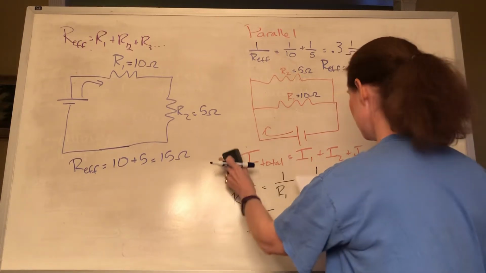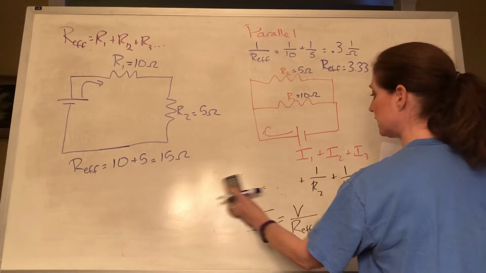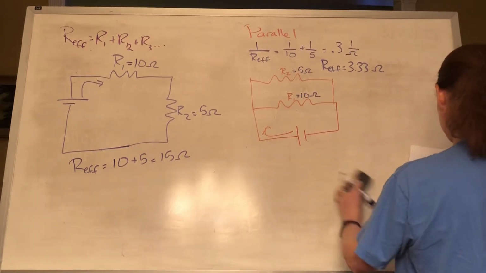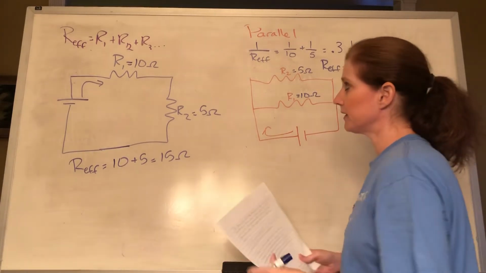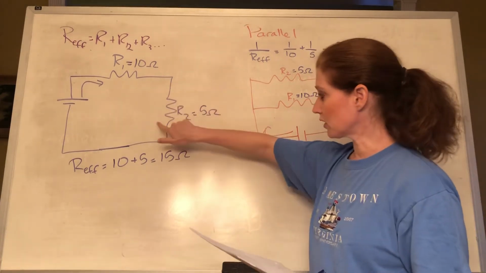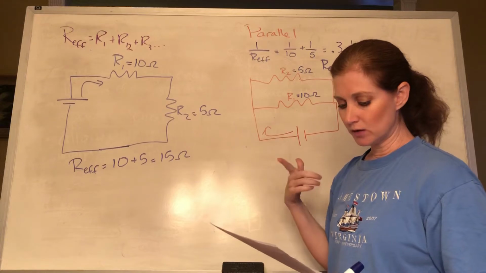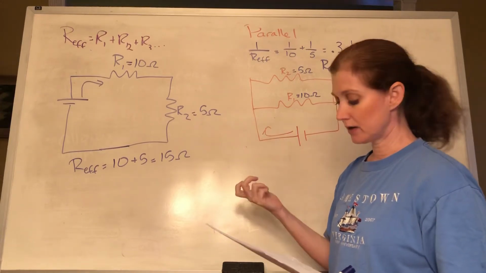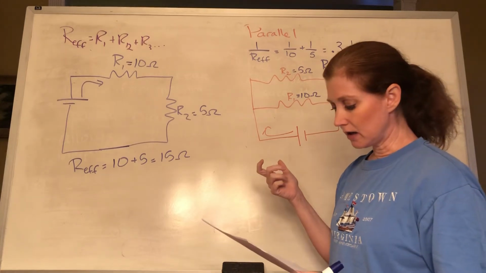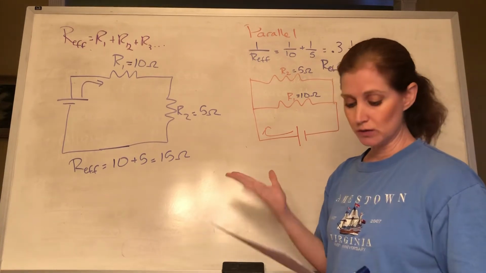So a fuse is a thin conductor that's very sensitive to heat, and it's encased in glass, and it's in the circuit somewhere. And so the more current runs through it, the hotter it gets, and if it gets too much current, then it's going to break. And that's what we call blowing a fuse.